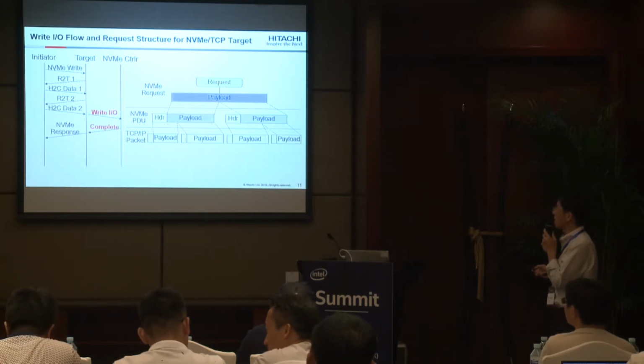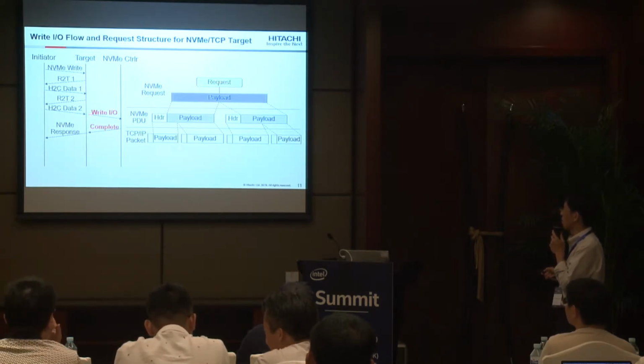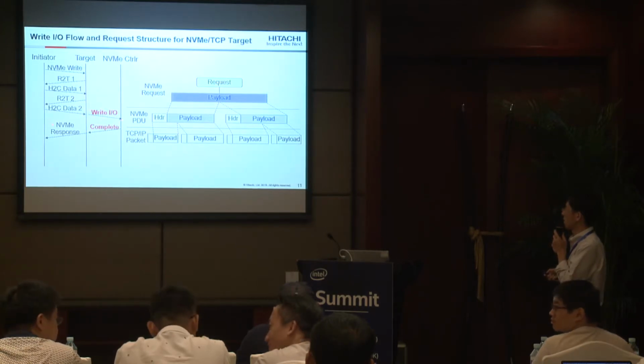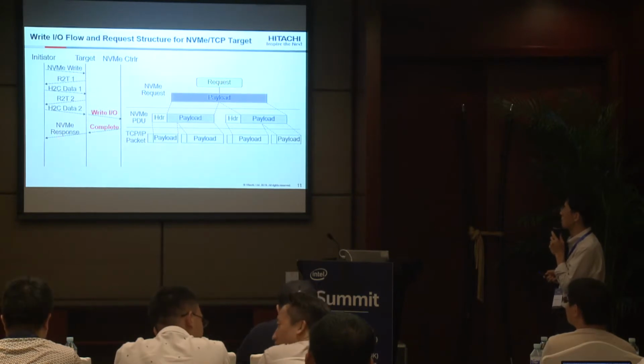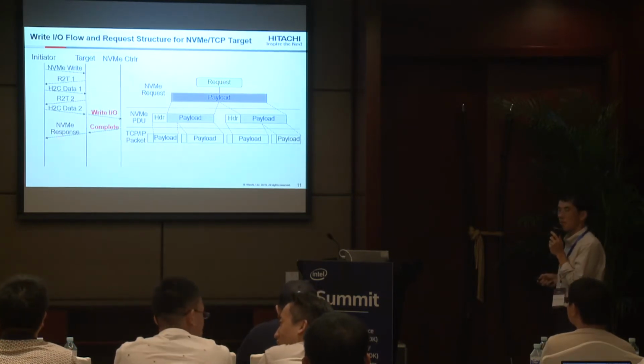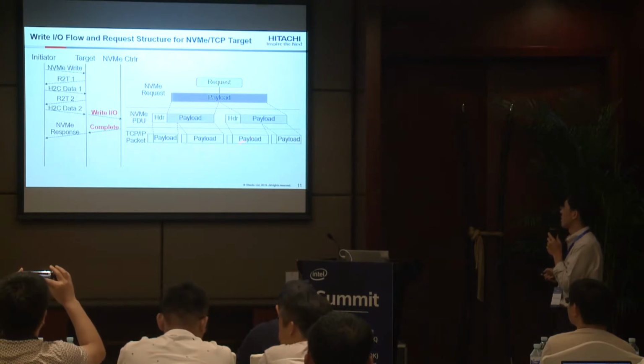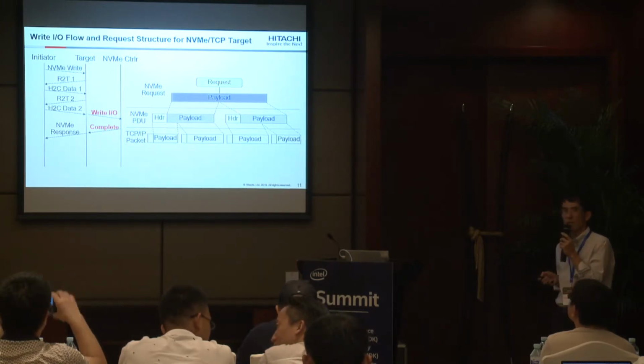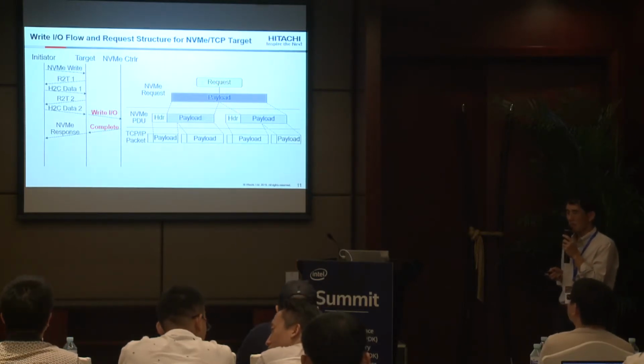And when the target receives the completion of this I/O, the target sends the response to the initiator and frees the request and this whole structure. So the flow is a little simpler.